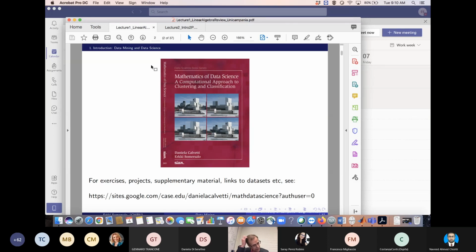What this course is about is a basic introduction to certain topics in data science, mostly clustering and classification. Those are the two topics which are pretty central in modern data science.